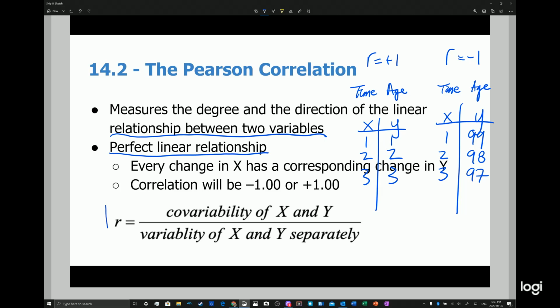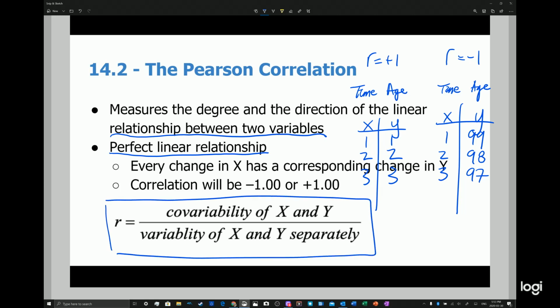And the way we measure this with Pearson correlation is with this formula here. Again, this is the concept form. R for the Pearson product moment correlation coefficient, R. We're measuring the covariability between x and y, how those two variables covary. Divide that by the denominator, the variability of x and y separately.